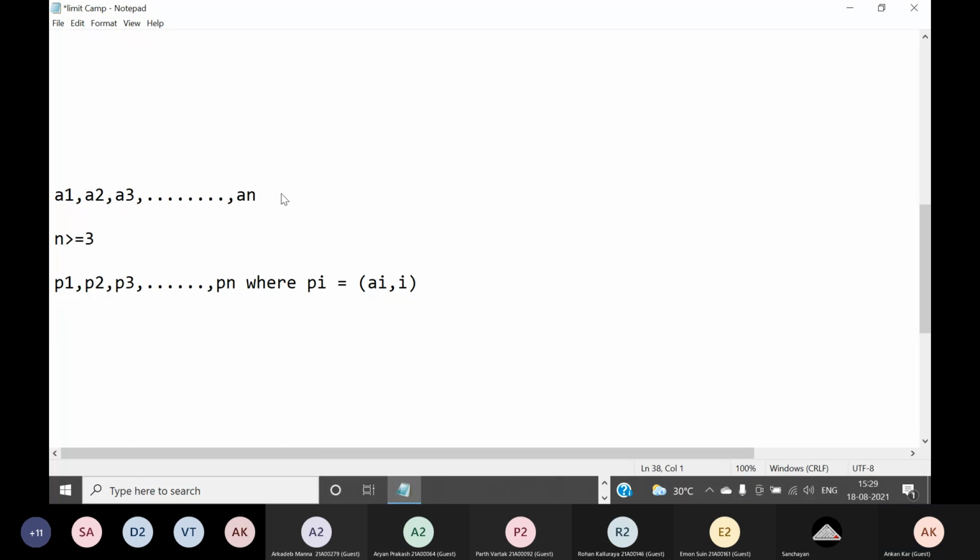So the distance between Pi and Pj is equal to the distance between Pi and Pk plus the distance between Pk and Pj.